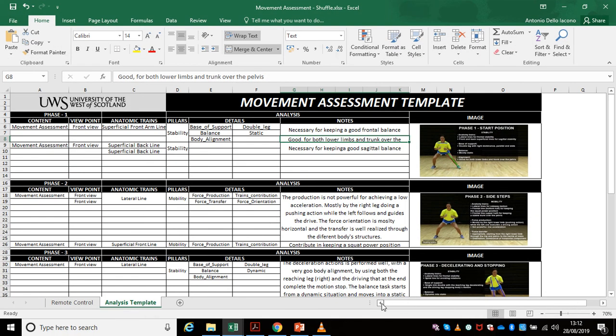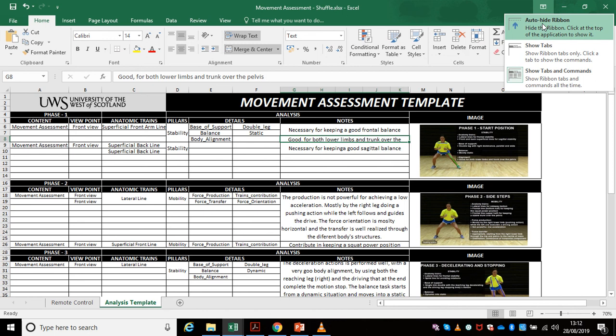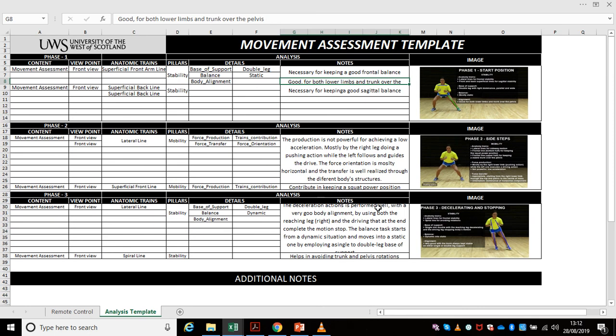So what I've done, I have attached the three pictures of the key phases of the shuffling on the right in support of what I've selected for the analysis.